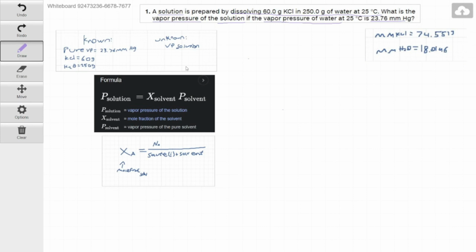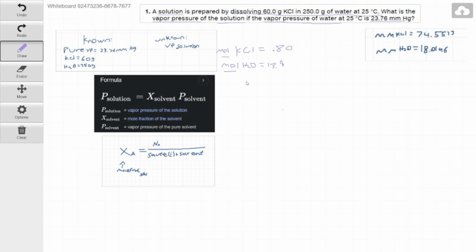Anyways, when you calculate these numbers, you're going to get moles of KCl equal to 0.80, and moles of H2O, water, equal to 13.9. Now remember, our units are moles.